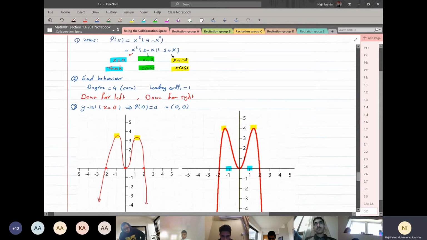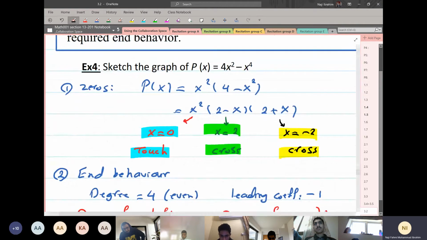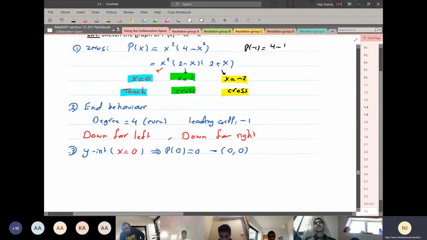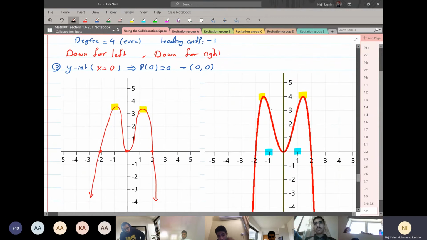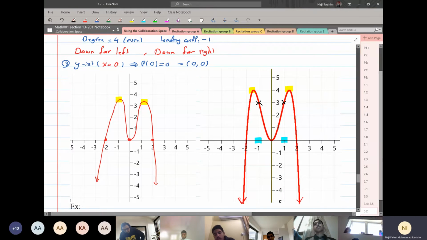If we substitute -1 in the function, how much is p of -1? 3. So at -1 it will go to 3, as you can see here. But again, this is not the highest point, and this method cannot give you exactly how much the highest point is. But this method gives you a rough sketch. Okay? Okay.